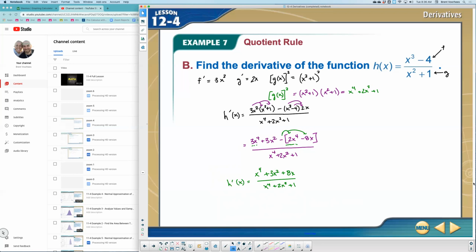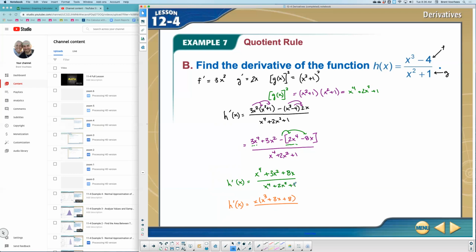And if you wanted factored form, in the numerator we can look across and see that we have a factor of x all the way through, so I could factor out that x, and we're left with x cubed plus 3x plus 8.